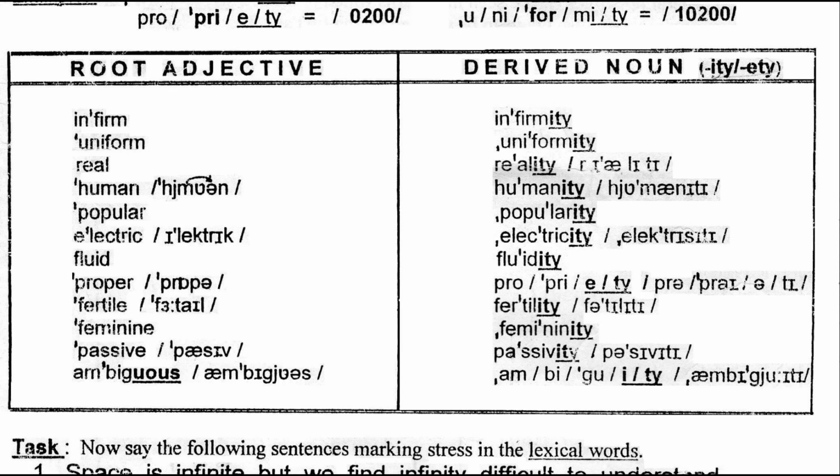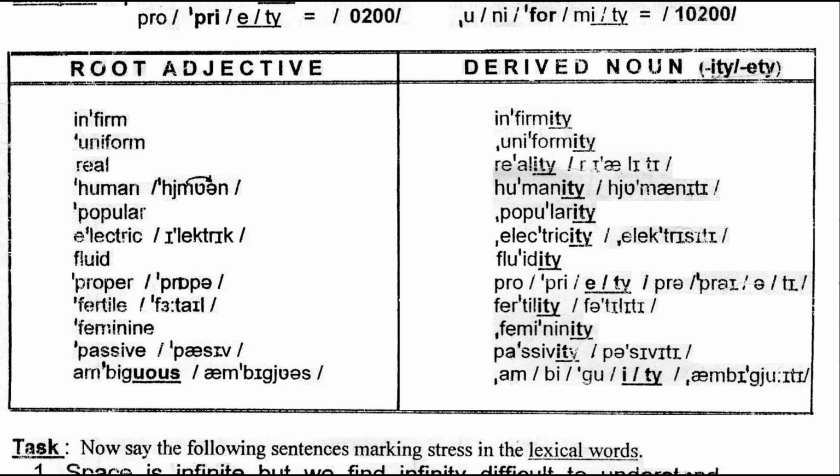We start with the first word. The first root adjective is infirm. Infirm. The stress is on firm. The derived noun is infirmity. Infirmity. So the stress is on the antepenult, just before ity.